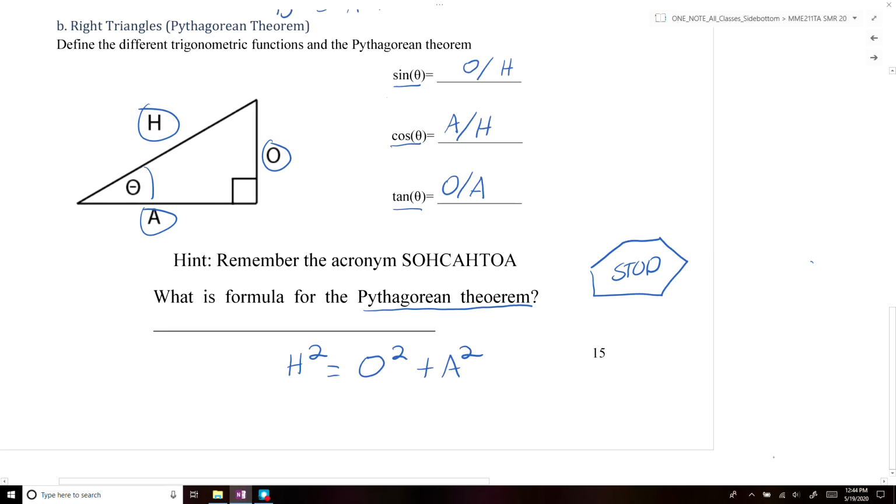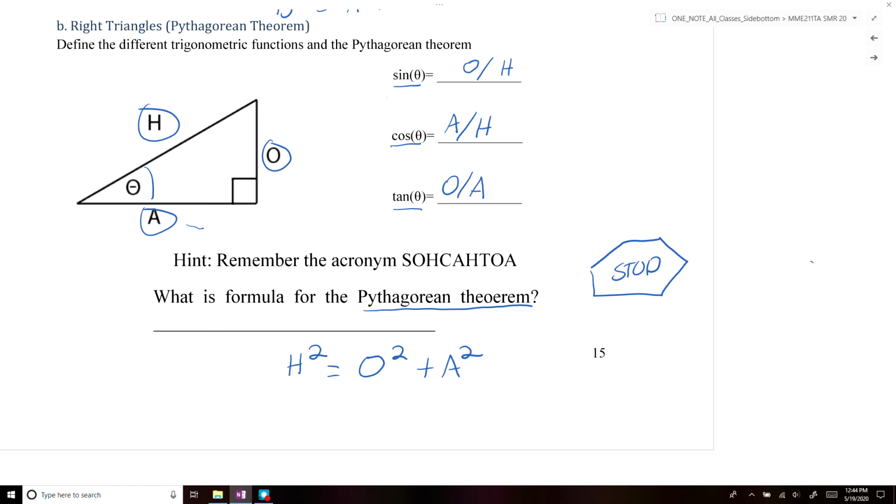Okay, so for a right triangle, we can define the sine of theta as being equal to the opposite over the hypotenuse. For the cosine of theta, we can define it as the adjacent side of our triangle, the side that's adjacent to our angle theta, divided by the hypotenuse. And the tangent of our angle theta would be equal to the length of the opposite side divided by the adjacent side.